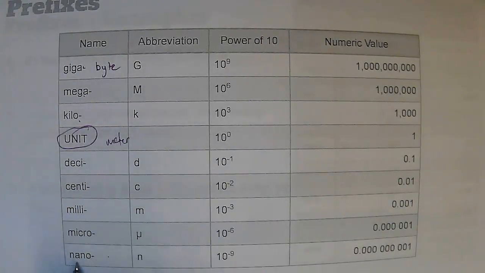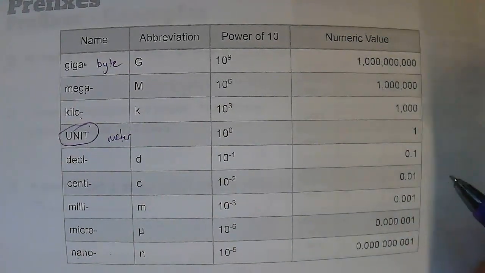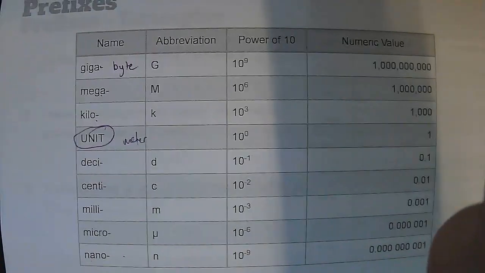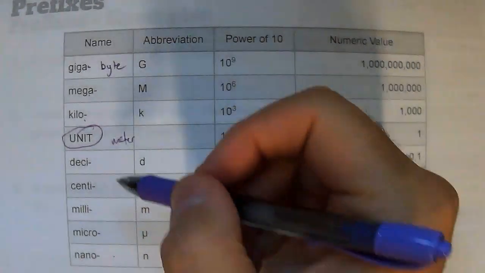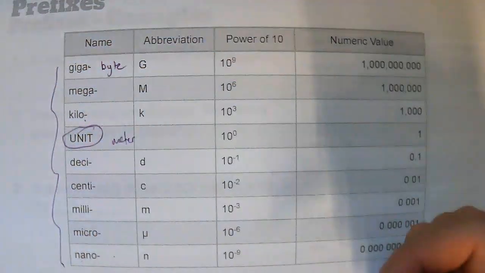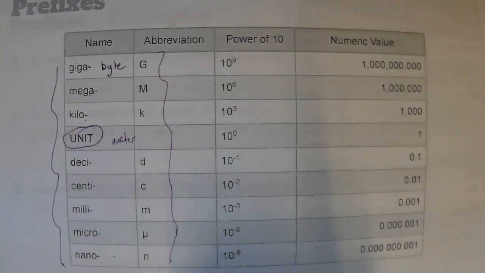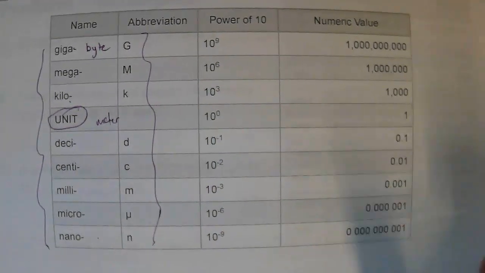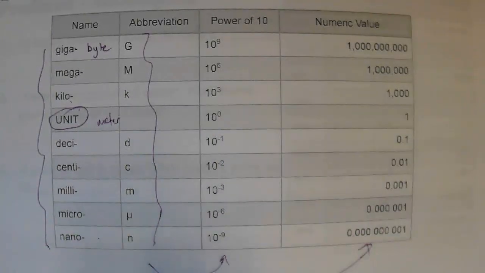You've probably seen that in nano. You don't necessarily need to memorize this, but you at least need to be familiar that these are prefixes, and each of the prefixes also has an abbreviation. Those prefixes also have a numerical meaning, either by power or by actual number written out.